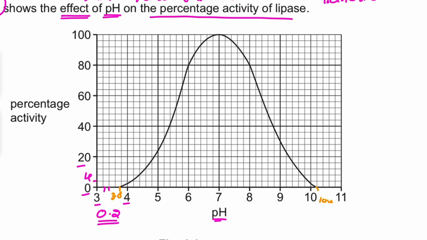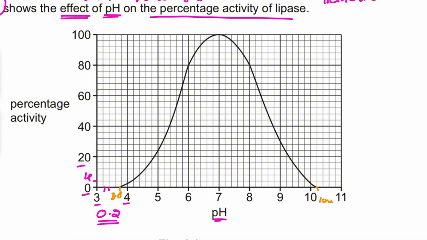Now, if we write down the explanatory points, you would say that from pH 3.8 to pH 7, there is an increase in the collision between the enzyme and substrate, and that is why the percentage activity of the enzyme is increasing. At pH 7, you could write an explanation that maximum enzyme substrate complexes are being formed.